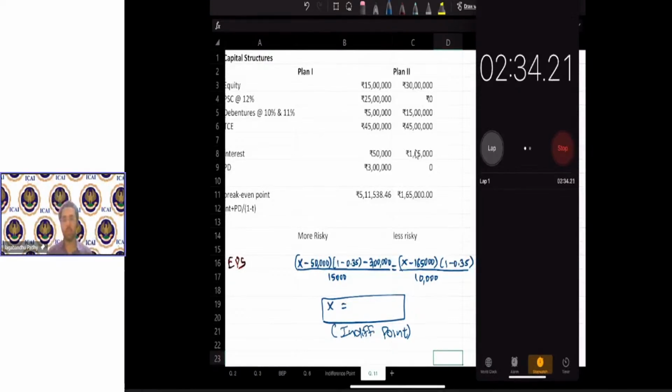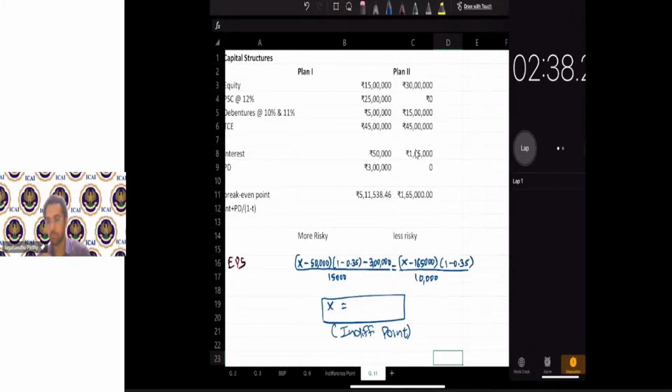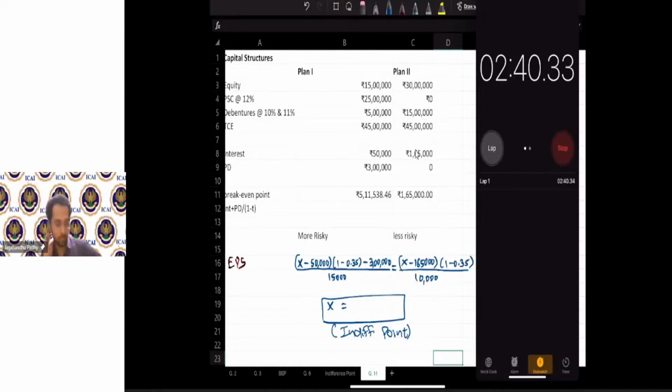Come on, quick. What's the level of EBIT at which both the plans have the same EPS? Time is up, guys.